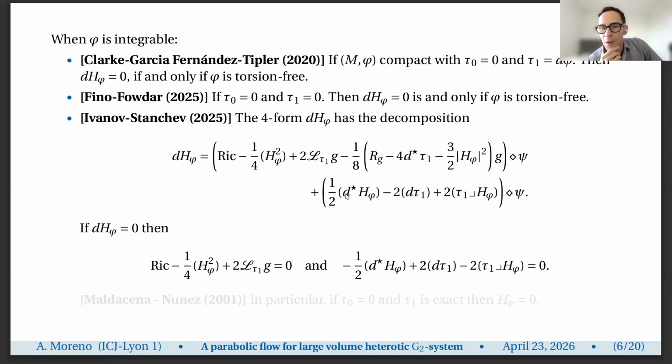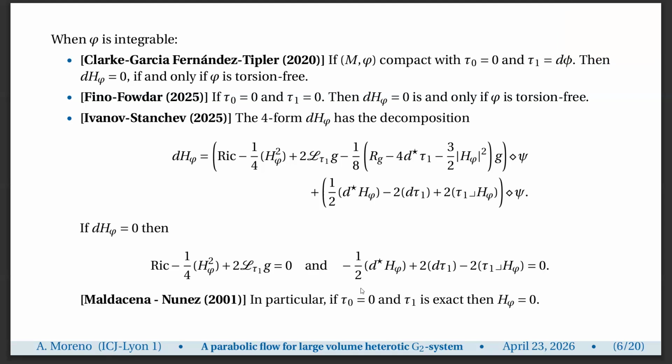And the second line is the one related with the 7 part of 4 forms. So when H5 vanishes, this condition is equivalent to these two equations, which are known as generalized Ricci-Soliton equations. And also, of course, another in the case of compact.